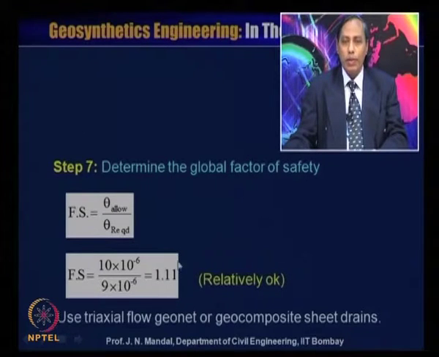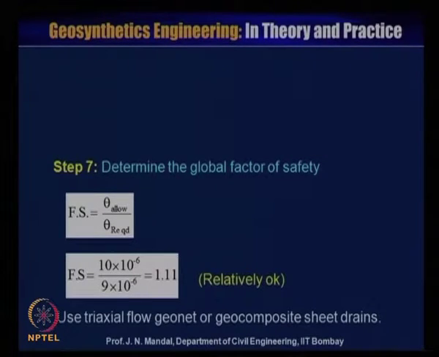Sometimes it depends upon the type of structure, or otherwise you can use a triaxial flow geonet, that is the green color geotextile flow net, or a geocomposite sheet drain. You can use open or non-woven geotextile material, or you can use the geonet. You can also use the triaxial flow geonet if the flow is more.